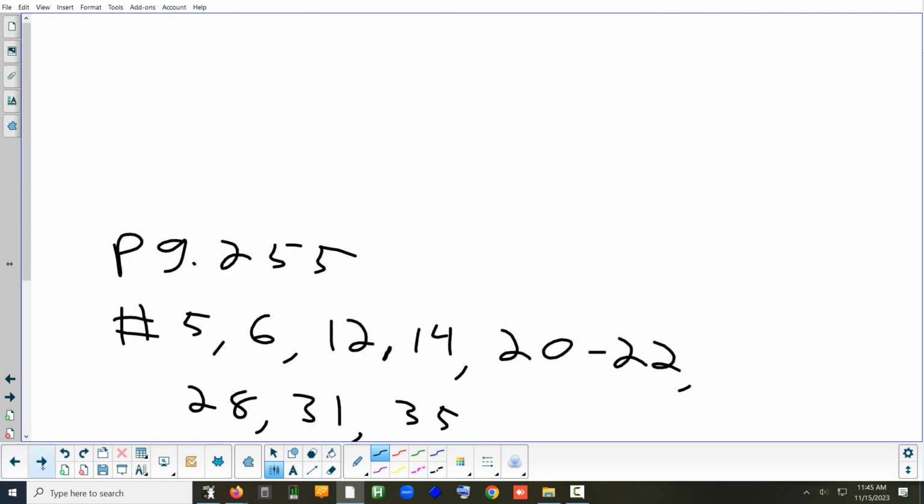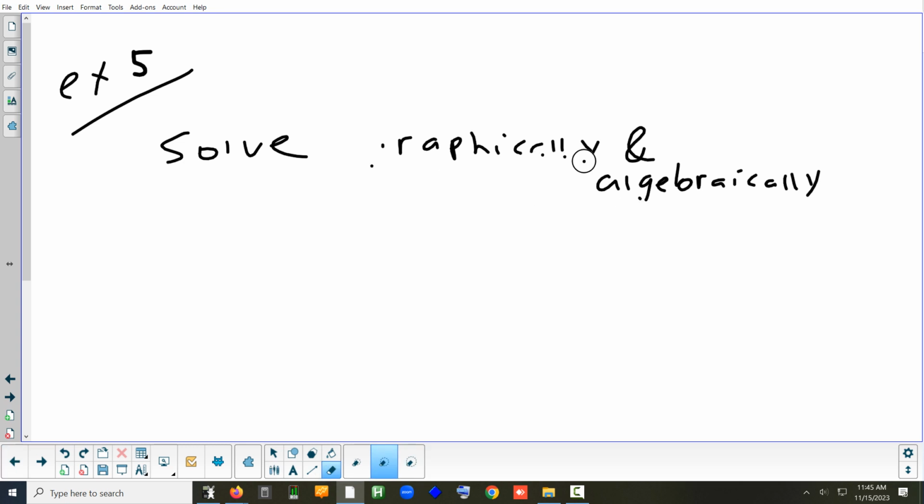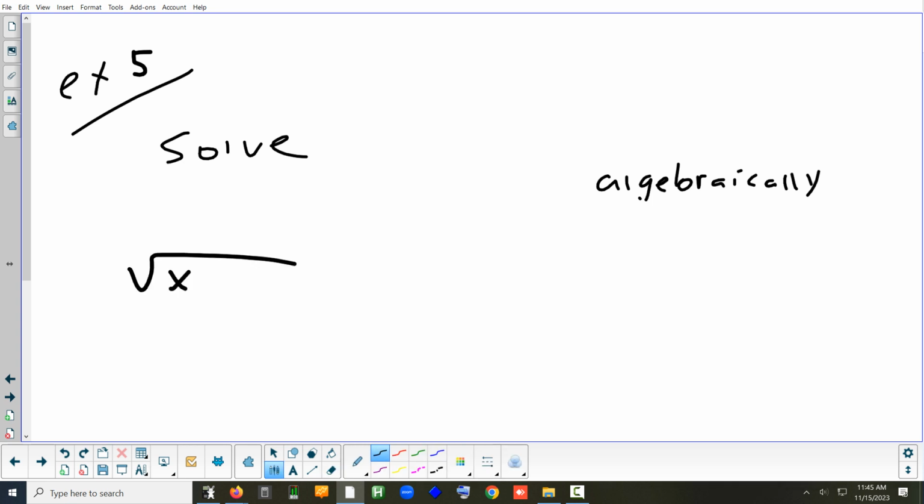I'm going to change that one. Let's try this one. Okay, so it's just solve algebraically. Square root of x minus 3. And since I'm just making this up, there is a chance it comes out to no solution.